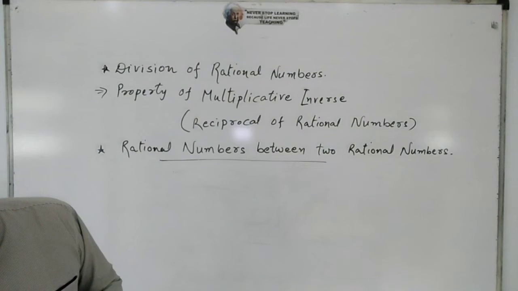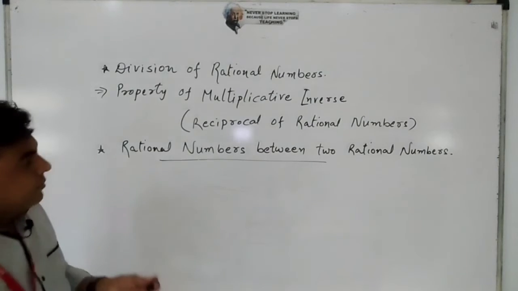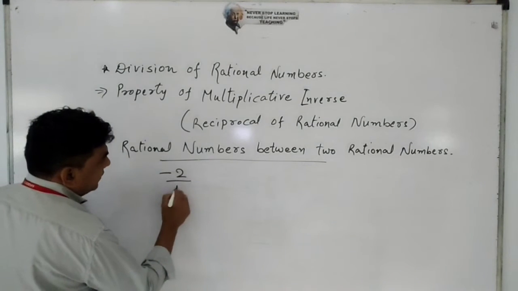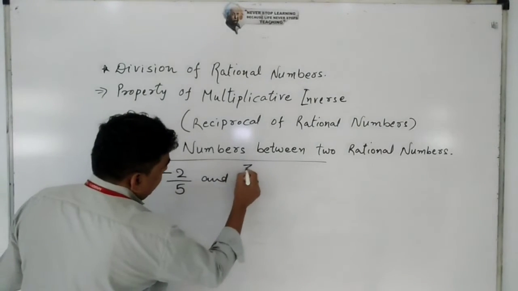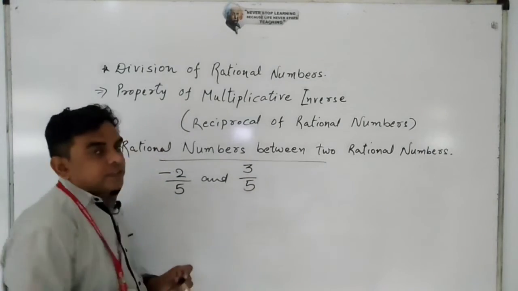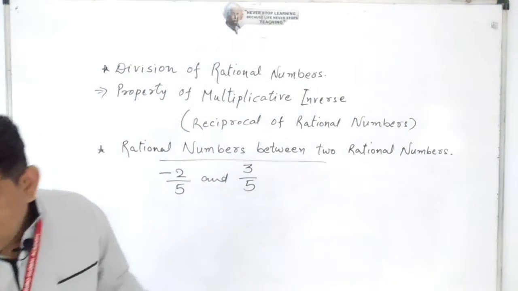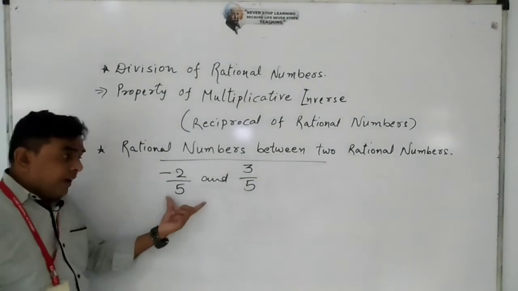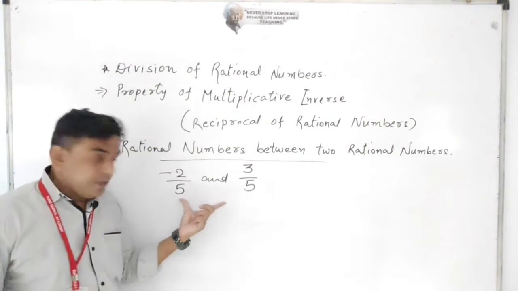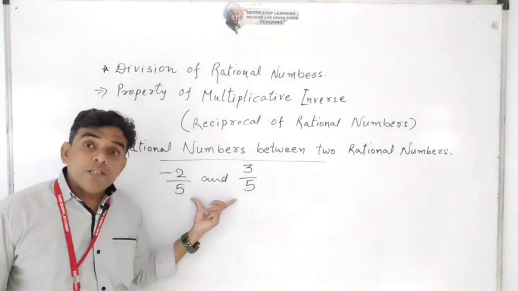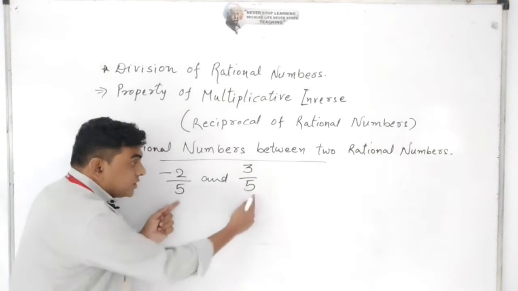Suppose you are asked: minus 2 by 5 and 3 by 5. The question is to find a rational number between these two rational numbers.